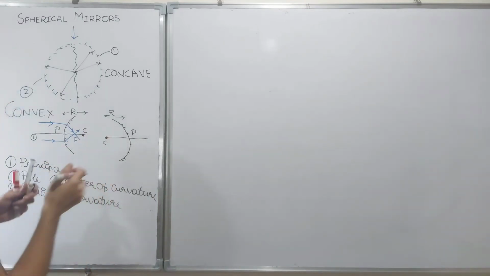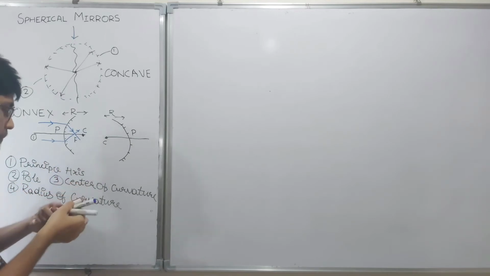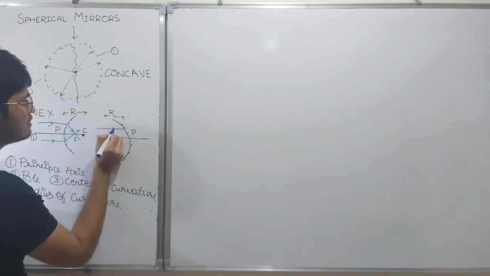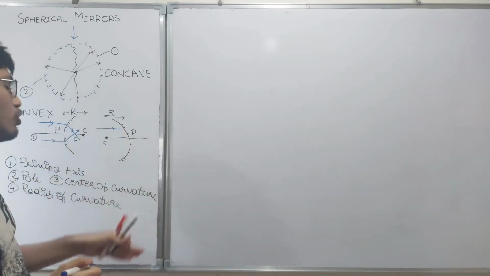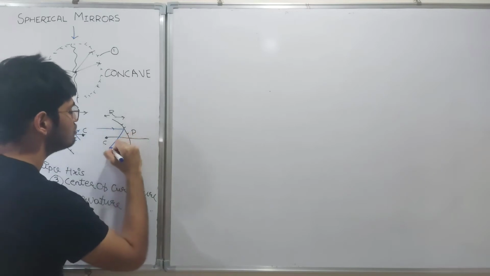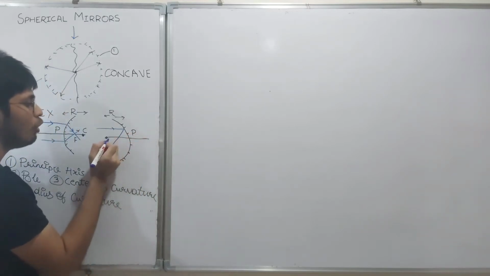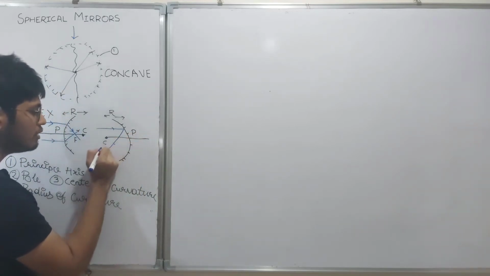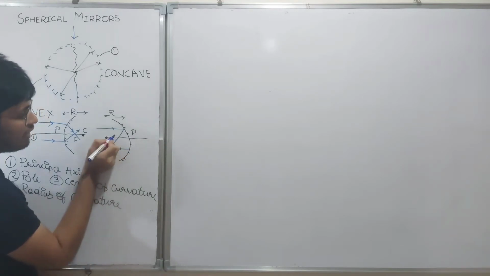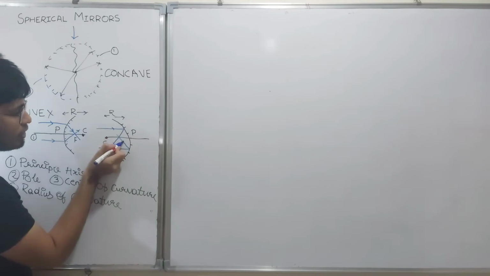In this case also, what will happen? Suppose that a ray of light is coming something like this, and it is striking the mirror at this particular point. It will pass through this point. After this, suppose that a ray of light is passing something like this. It will again pass through the same point.